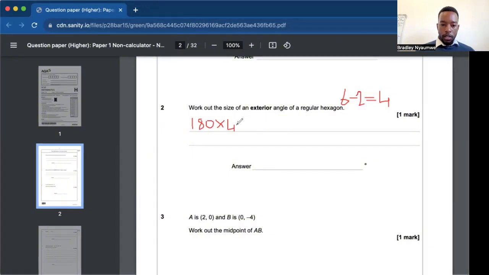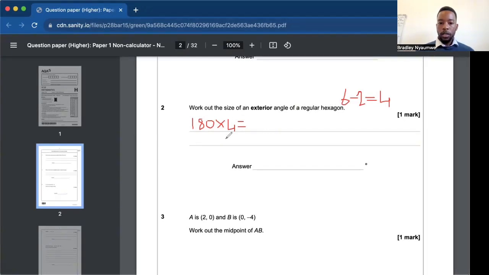Now 180 times 4, we don't have a calculator, so either we do it in our head or we do it on our paper. I'm going to do it in my head. I know that four 100s are 400. 8 times 4 is 32. So since it's 80, it would add a zero, 320.